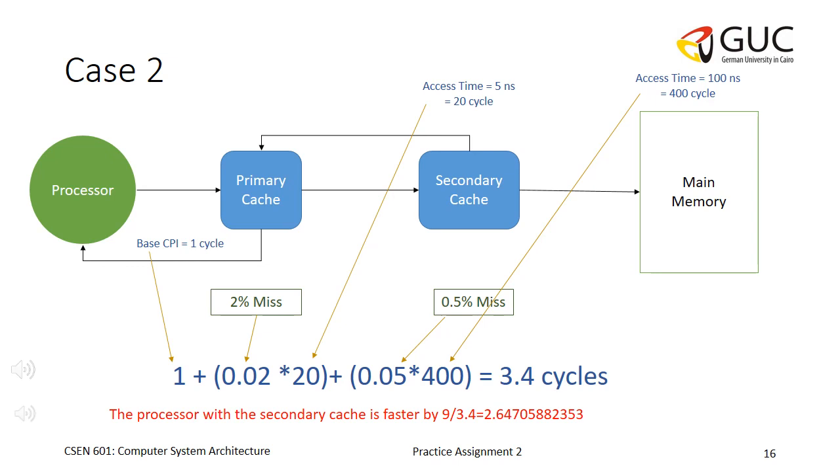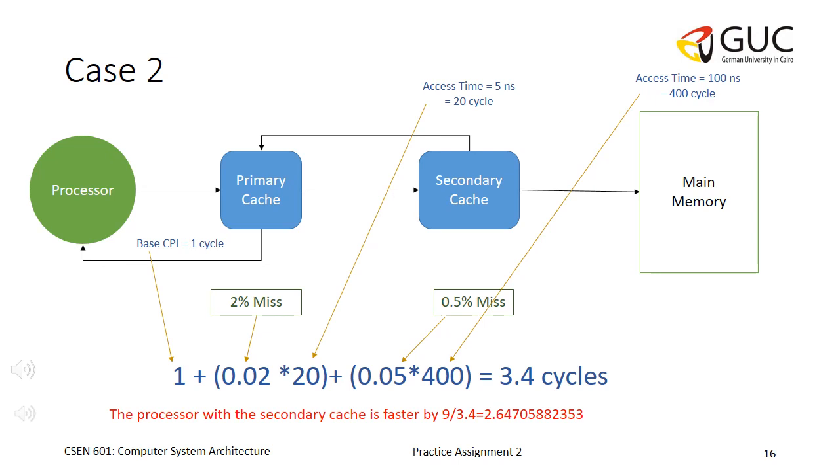In order to calculate the average CPI for case 2, we will have to add the three parts together, for one instruction only. For one instruction, we will have one base CPI, and a probability of 2% of missing from the primary cache and going to the secondary cache, which costs 20 cycles.